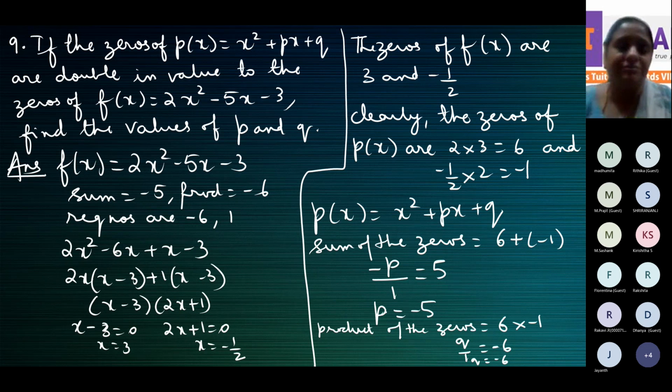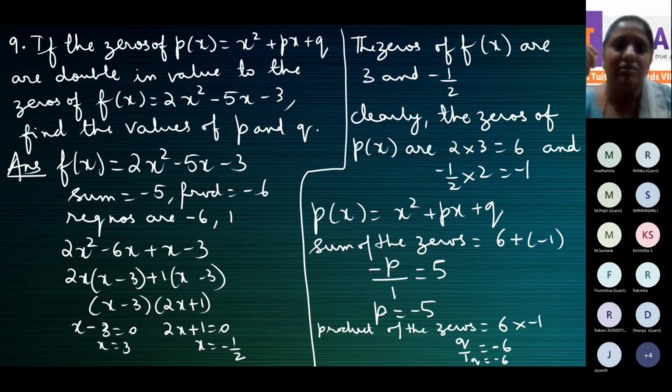Done writing, children? Yes, ma'am. So let's read and understand the question better. There are two polynomials given to us, p of x and f of x.